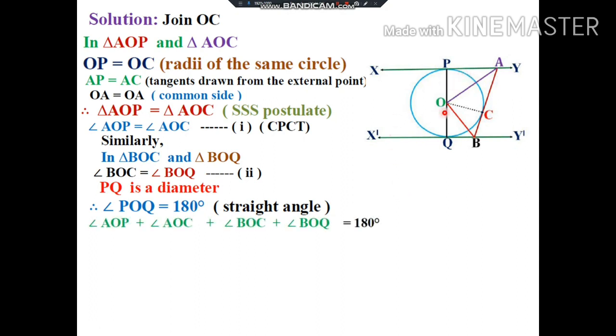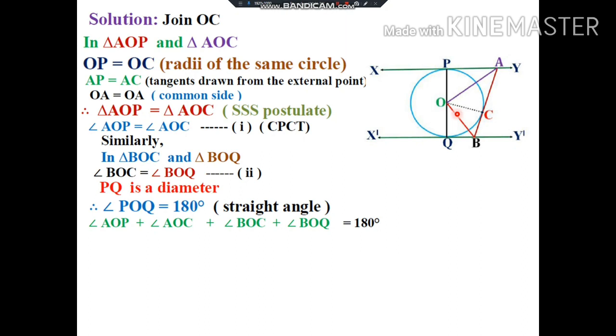So angle POQ is divided here as angle AOP. Dear children, angle POQ is 180 degree. So POQ is the sum of these 4 angles. Angle AOP, angle AOC, angle BOC, plus angle BOQ is equal to 180 degree.